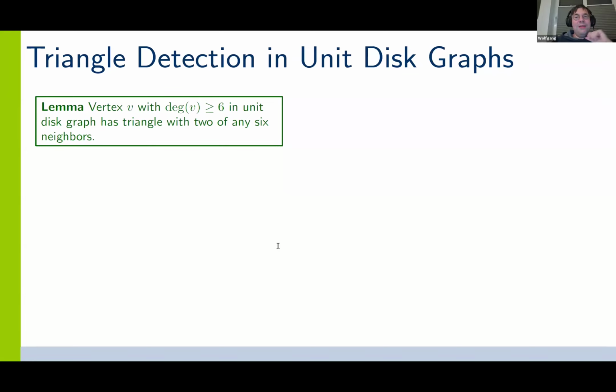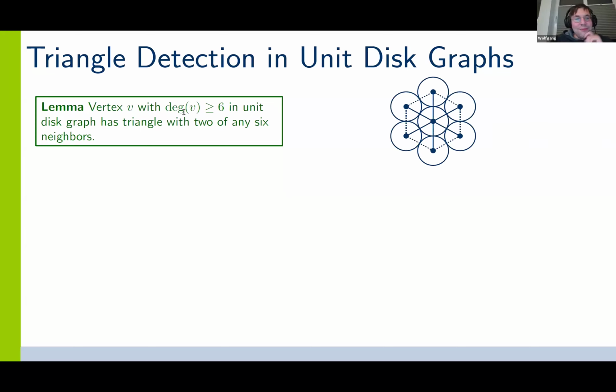The property that we need is that in a unit disk graph, if you have a vertex and this vertex has at least 6 neighbors, then you know that this vertex needs to make a triangle with 2 of these 6 neighbors. It's a simple geometric property, the kissing property. If you're trying to draw a unit disk graph and you have some vertex of degree at least 6, then the best way you can do it is this.